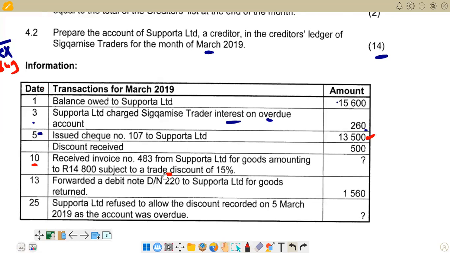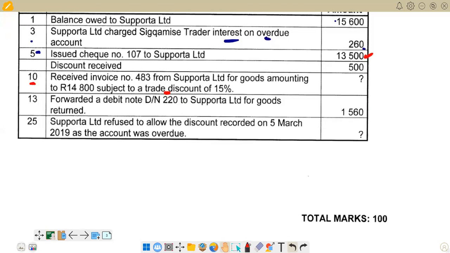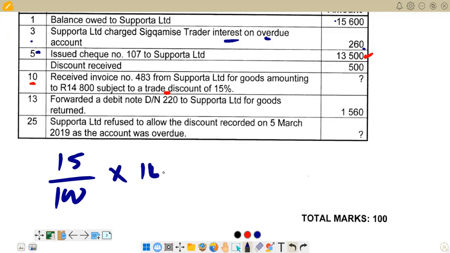As a fraction, 15% becomes 15 over 100. Then you multiply by 14,800 to find the figure for the trade discount. We multiply 15% by 14,800, and you are going to get 2,220.